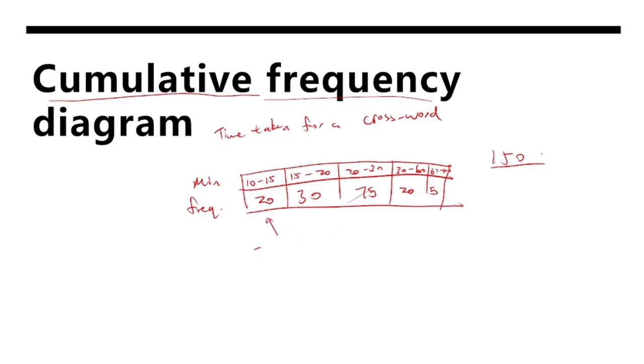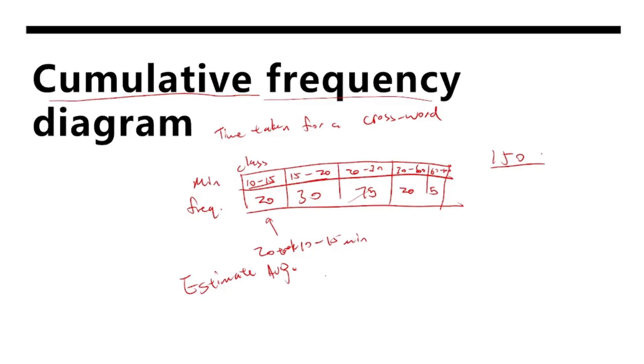This means 20 people took 10 to 15 minutes to finish the crossword puzzle. Now, how do we calculate the average? We can only do an estimated average, where we take the middle value of each class width.